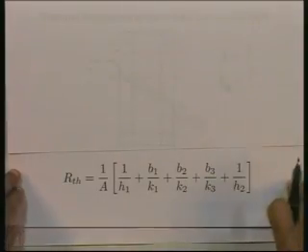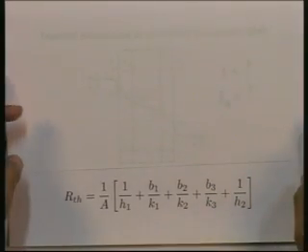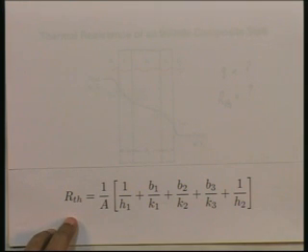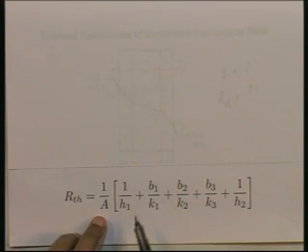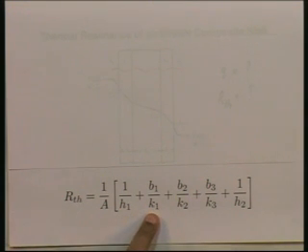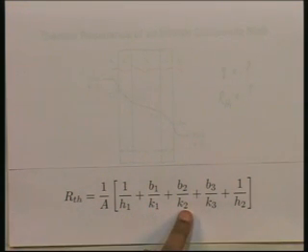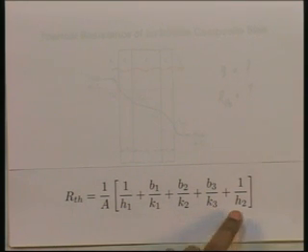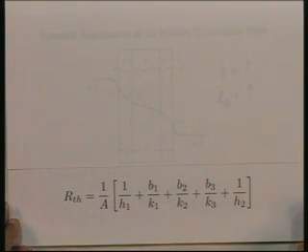For the composite case, thermal resistance RTH is equal to 1 upon A into 1 by H1 plus B1 by K1 plus B2 by K2 plus B3 by K3 plus 1 upon H2. And this is nothing but the sum of the 5 individual thermal resistances which I have got.